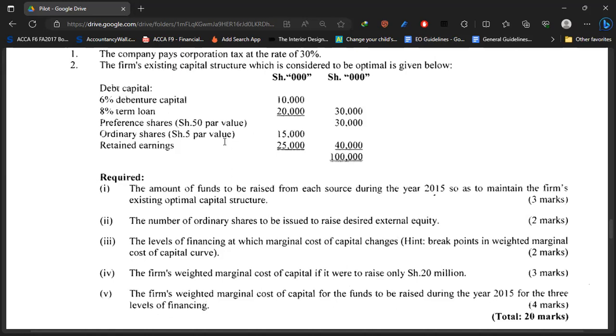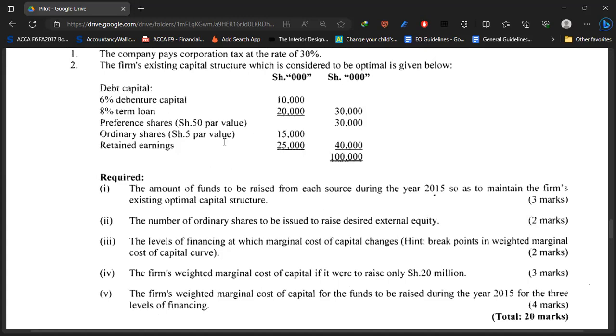Four, the firm's weighted marginal cost of capital if it were to raise only 20 million shillings. Five, the firm's weighted marginal cost of capital for the funds to be raised during the year 2015 for the third level of financing.